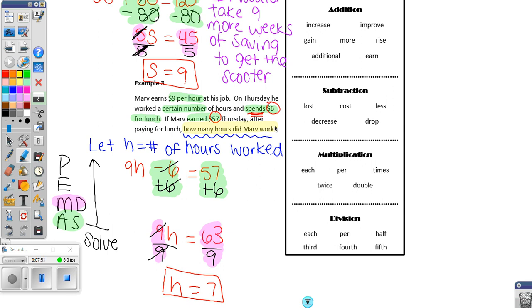Your answer on your paper should be a complete sentence that answers that question. So we know, based on our solution here, that Marv worked 7 hours, and that's the sentence that I'm going to write. Marv worked for 7 hours. So that concludes my example.